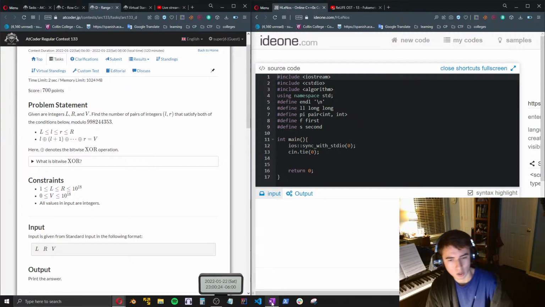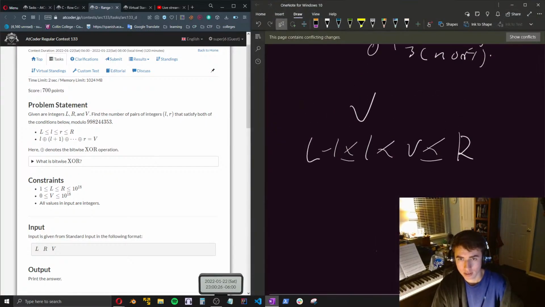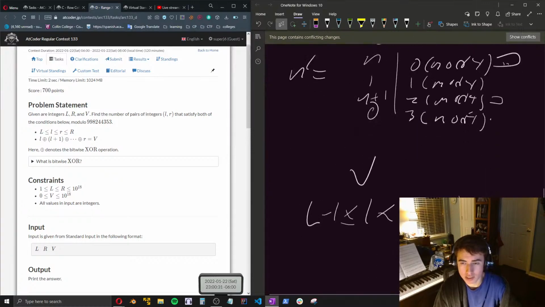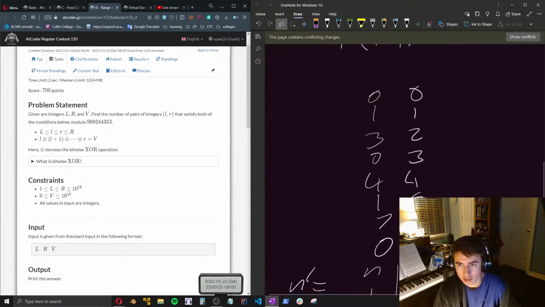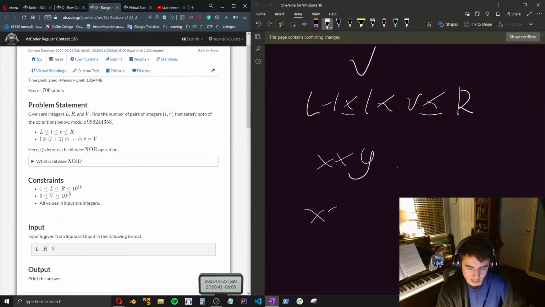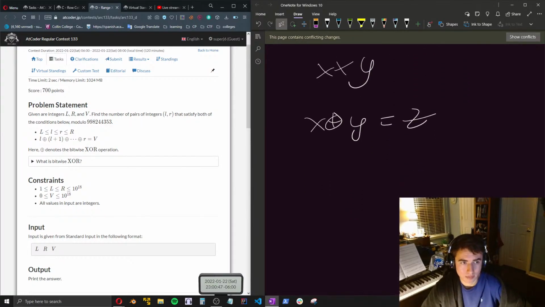Alright, so let's see. What is the number of pairs of numbers x less than y such that x XOR y equals z? How do you solve this problem?